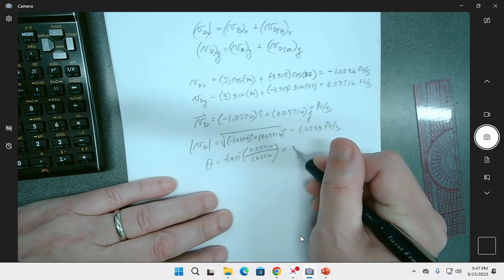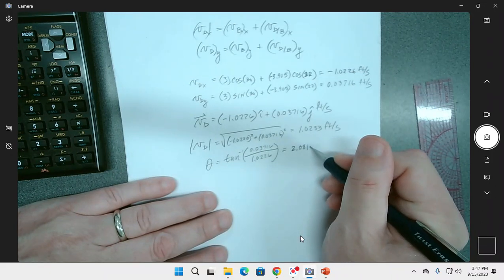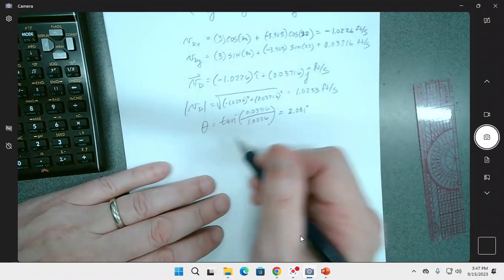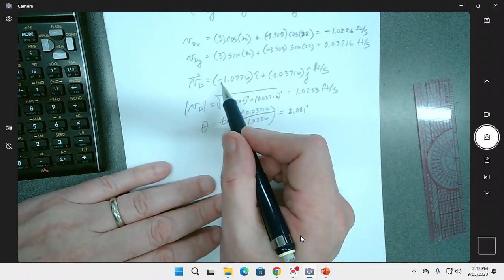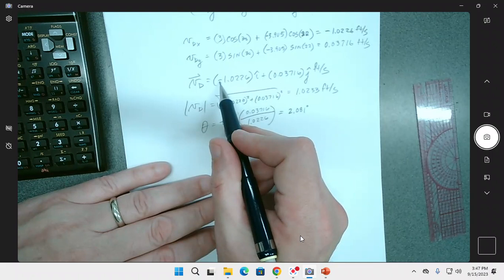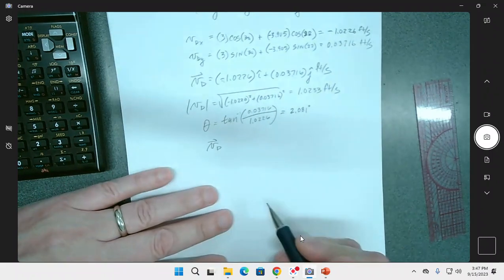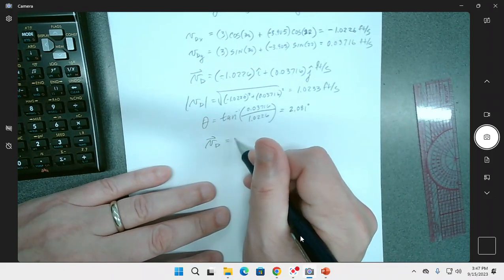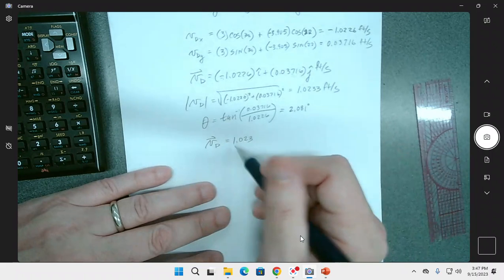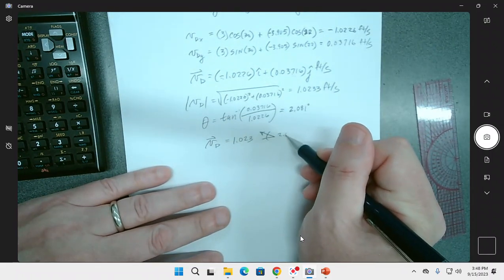Only 2 degrees, wow, 2.08. Okay, 2.07, so I probably did a sig fig thing there somewhere. But that's going to be to the left and up, right? Because that's negative in the x direction, positive in y. So the answer is going to be equal to 1.02 feet per second, and then up 2.08 degrees.